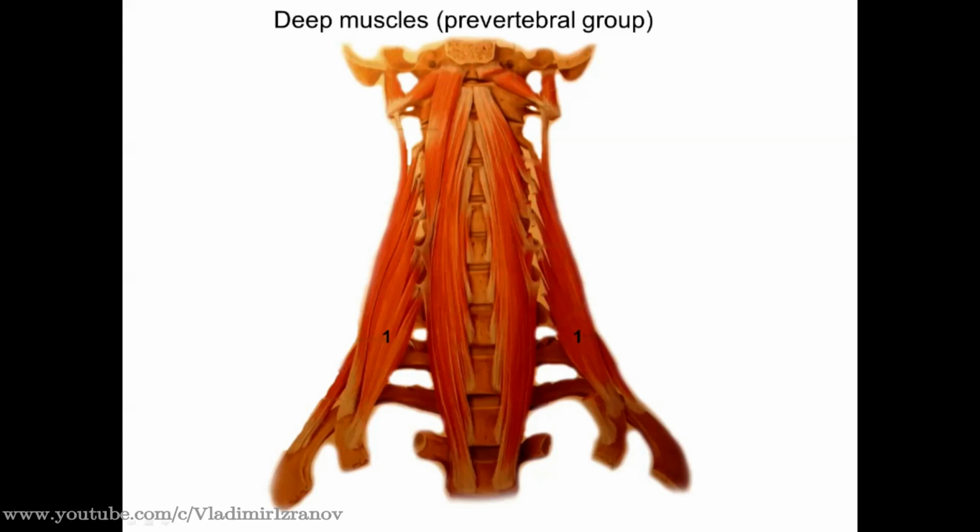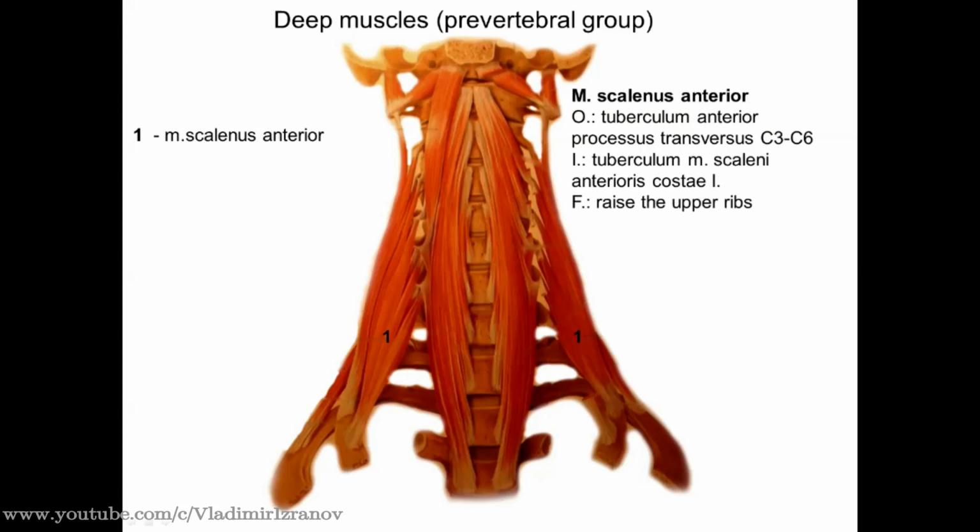Muscle number 1 here is musculus scalenus anterior. The main points are origo, tuberculum anterius processus transversi vertebrae cervicalis from 3rd to 6th.